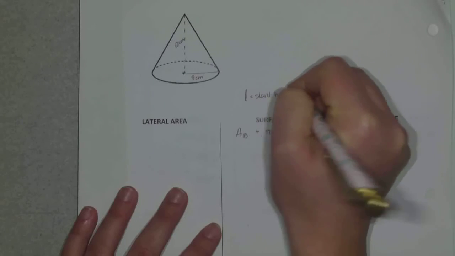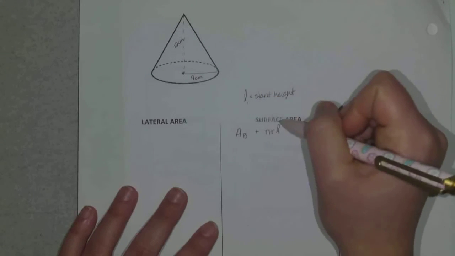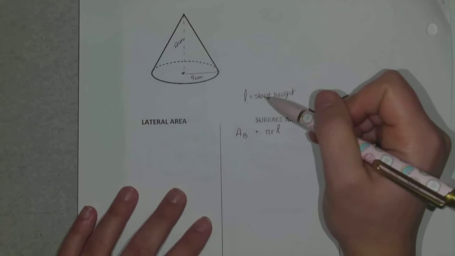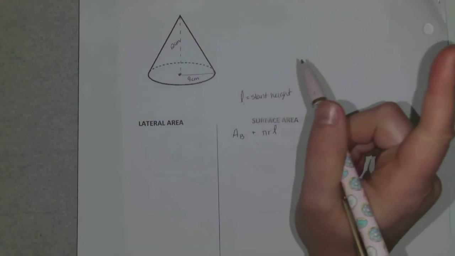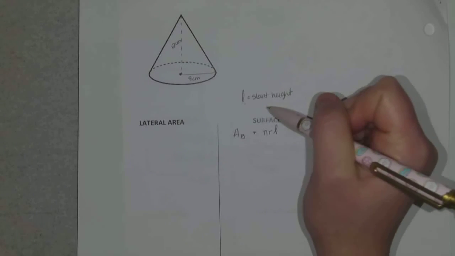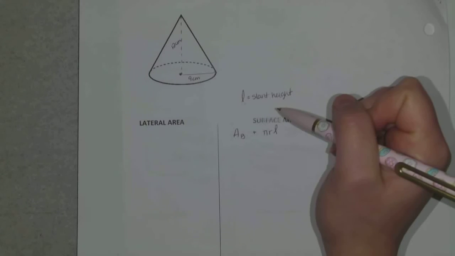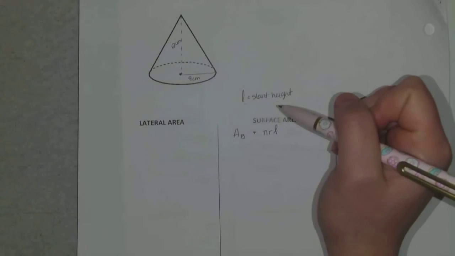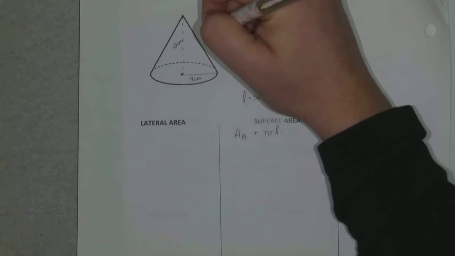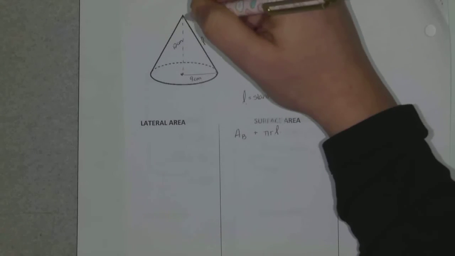So you might think, what idiot chose L to represent the slant height? Because slant doesn't start with L. And then I would say to you, well, probably this so-called idiot didn't choose S because S's look like 5s. So they were actually being very smart. So it's just a cursive L, and that's the slant height. So this right here is the slant height.